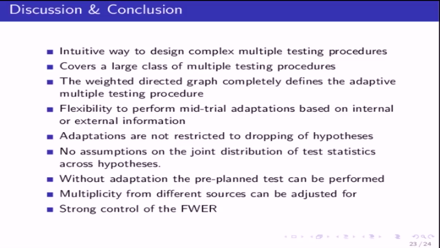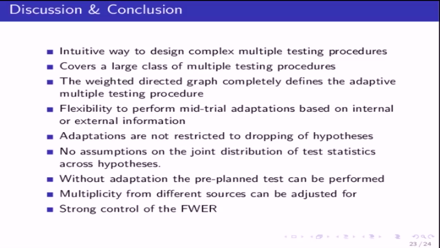They are a very intuitive way to design complex multiple testing procedures. They cover a large class of multiple testing procedures. The weighted directed graph completely defines the adaptive multiple testing procedures. It allows flexibility, so you can perform design adaptations based on internal and external information, and you don't need any assumptions on the joint distribution of the test statistics.